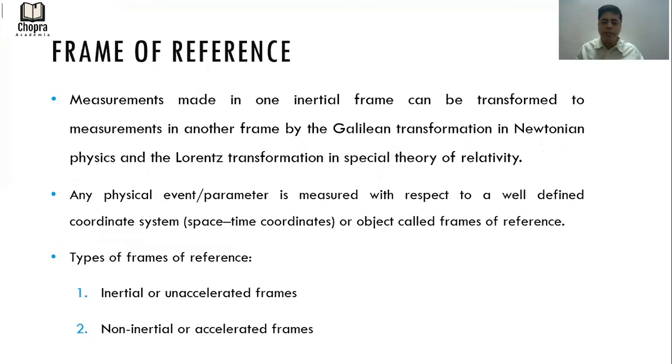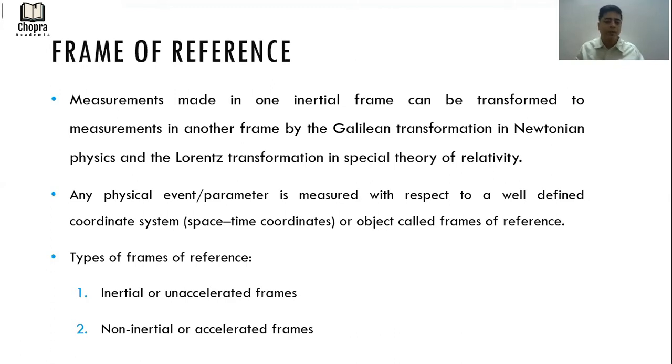It is important to keep in the back of your mind that measurements made in one inertial frame, we'll be discussing what are inertial frames shortly, can be transformed to measurements in another frame by Galilean transformation equations in Newtonian physics, wherein we are talking about velocities much lesser than the velocity of light, c, and the Lorentz transformation equations in special theory of relativity. Therein we have a velocity almost of the order of velocity of light.